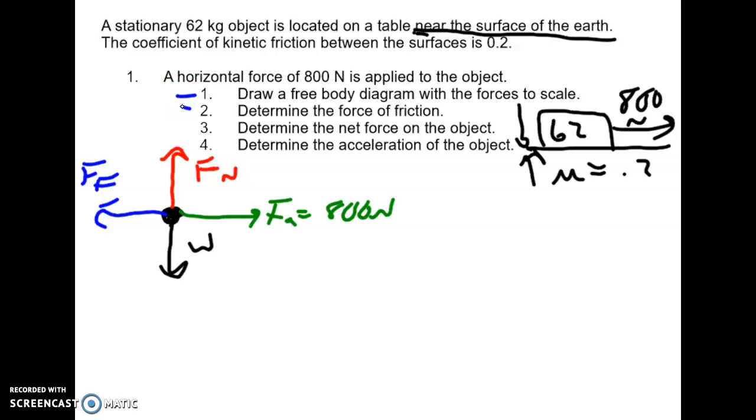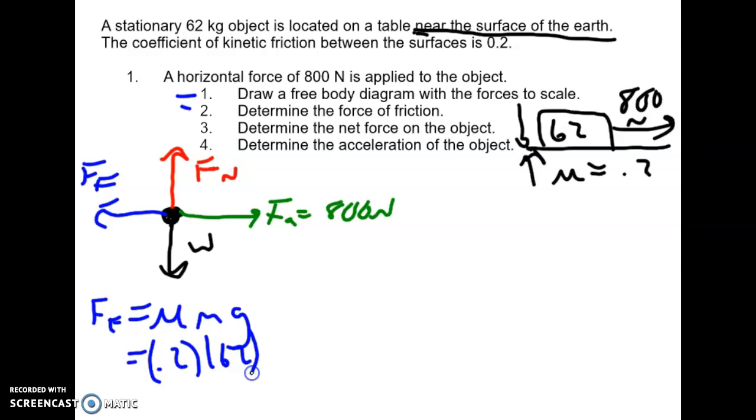Okay, that's the first step. The second one is going to be to calculate the force of friction. The force of friction equation is equal to mu mg, which is equal to mu, 0.2, times the mass, which is 62, times g, which is 9.8.